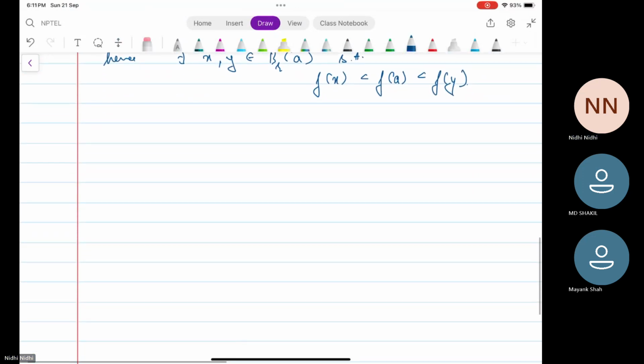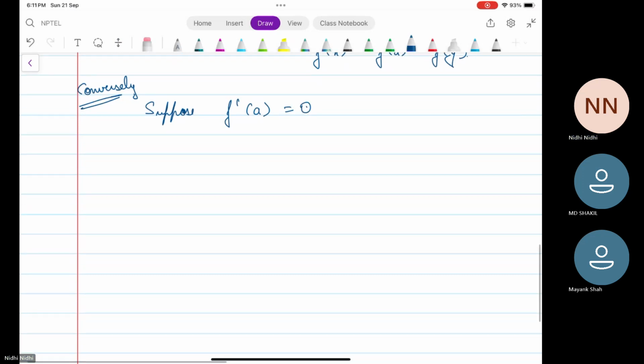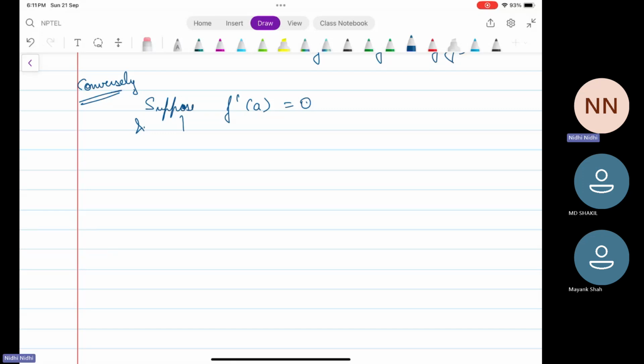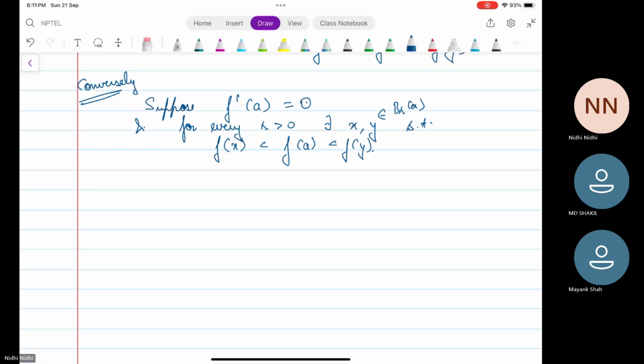Conversely, suppose f'(a) is 0 and for every R positive, there exist points X and Y in B(R, A) such that f(x) is strictly less than f(a), which is strictly less than f(y).